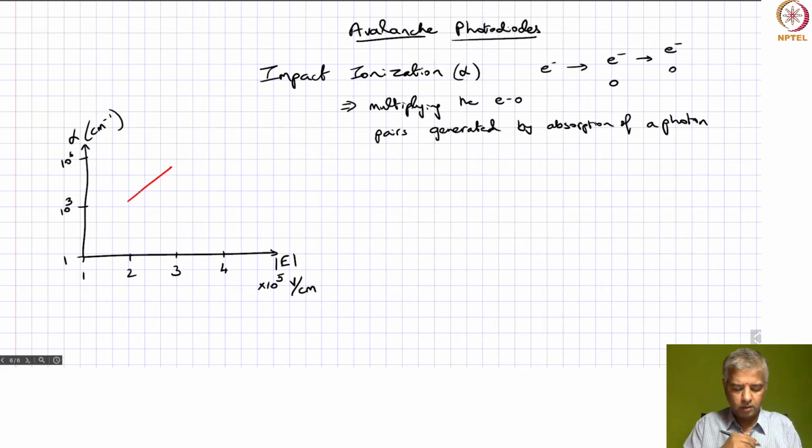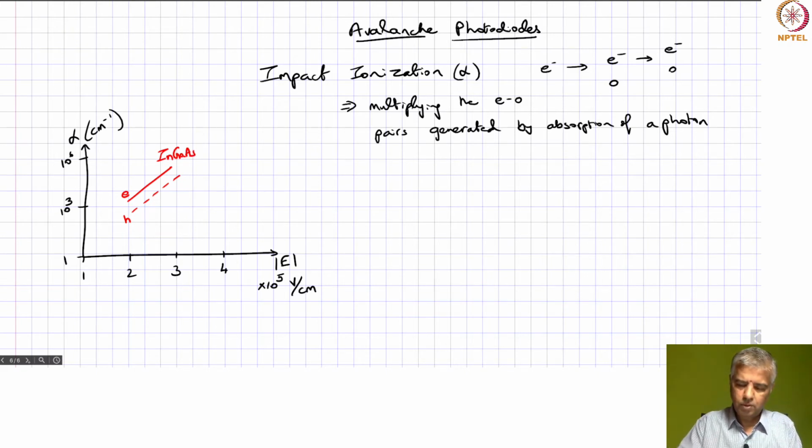You can get 10 power 3 per inverse centimeter, and this is for, let's say, electrons, right, the impact ionization coefficient for electrons, whereas for holes, the impact ionization coefficient is slightly lesser. Okay, so that is typical numbers for indium gallium arsenide. So this is indium gallium arsenide.